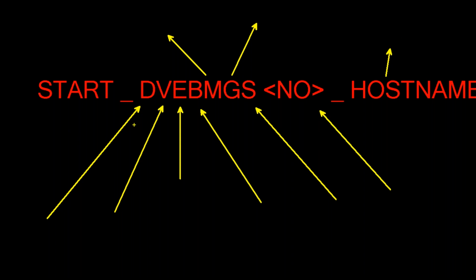Here D stands for dialog work process, DIA. V is update, UPD. E is enqueue, ENQ. B is background, BTC. S is spool, SPO. And the number is the instance number.